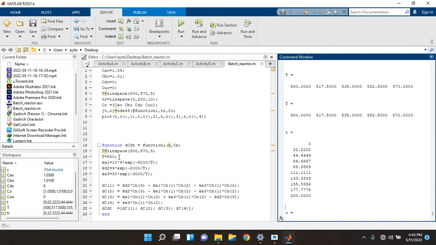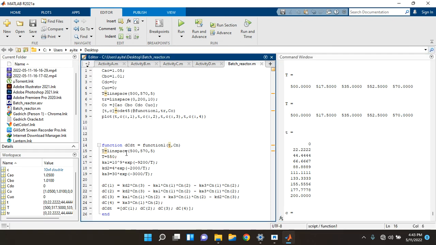So for the first one, my t is going to be the t that I divided, which is this line, and I'm going to call the first component 1, and then use it.